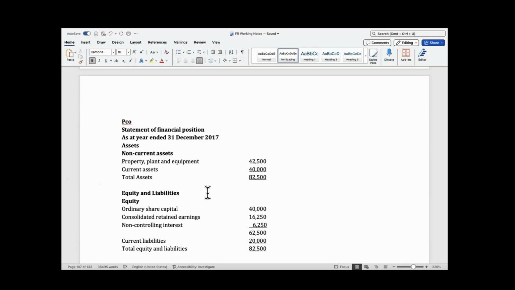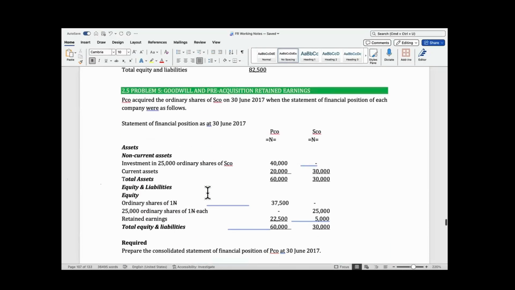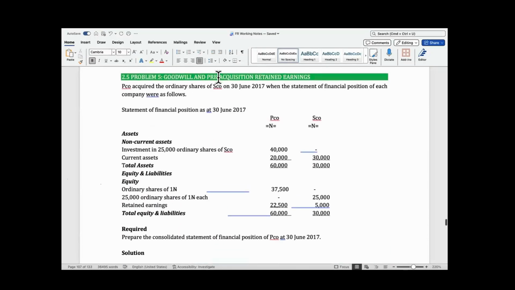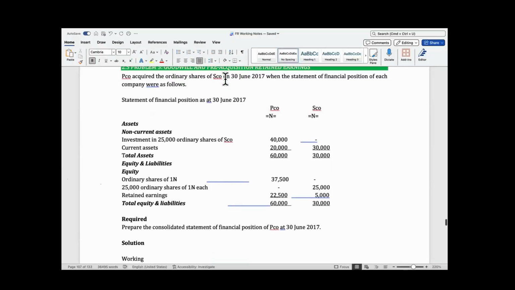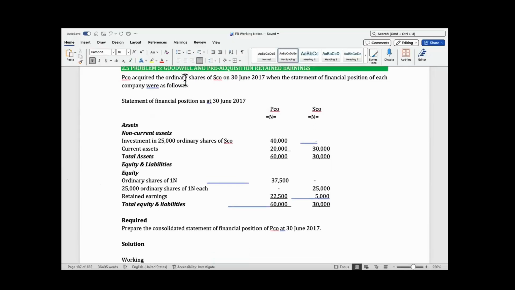I'm actually waiting for more questions from the way I'm teaching you. Okay, let's move further then. Now we have goodwill and pre-acquisition retained earnings. It says here, Pico acquired the ordinary shares of ESCO on June 2017, when the statements of financial position of each company were as follows.